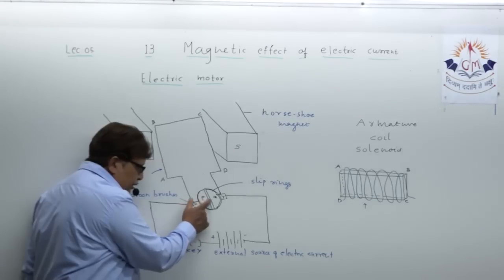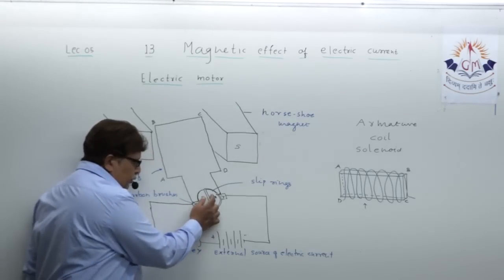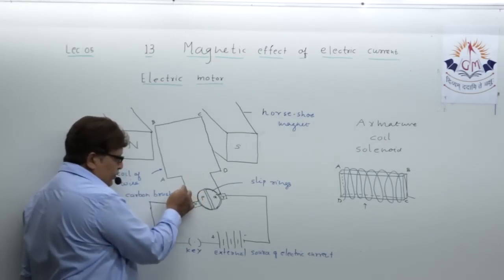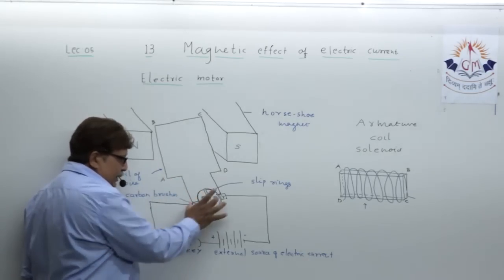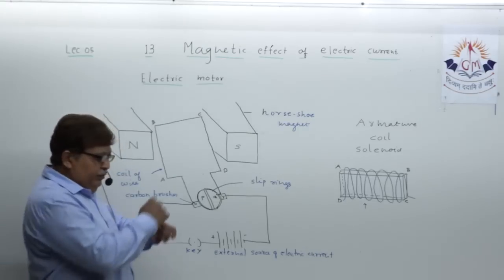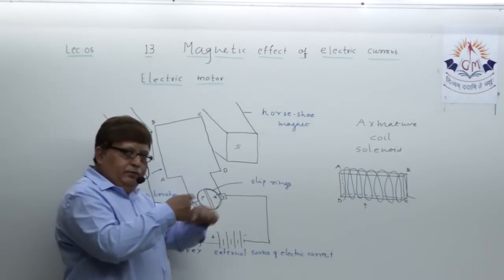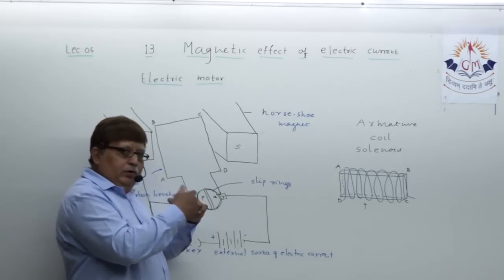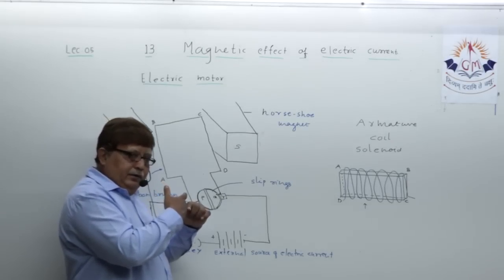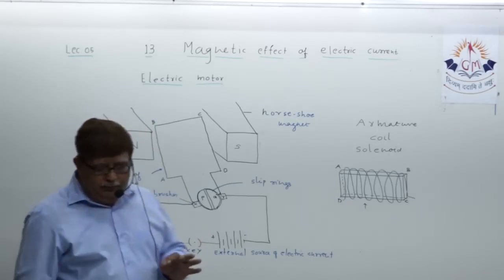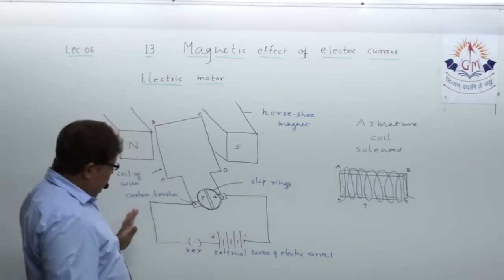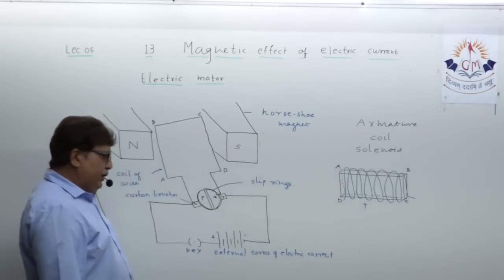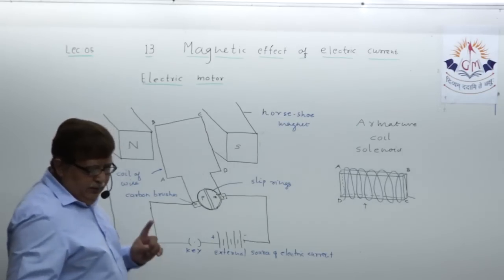One is called P and one is called Q. Q remains in contact with this end. P is just now in contact with this, and these are carbon brushes which constantly ensure the flow of electric current, understood. Now this is actually the working key, external source of electric current, everything is clear.